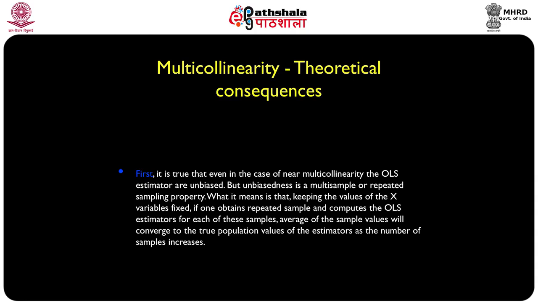What it means is that keeping the value of x variables fixed, if we obtain repeated samples and for each sample we compute the ordinary least square estimates, the average value of the estimates of the parameters obtained for each sample will converge to the true population value of the parameter as the number of samples increases.